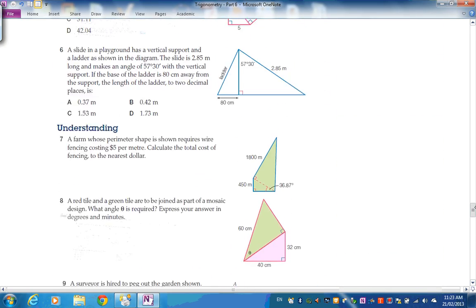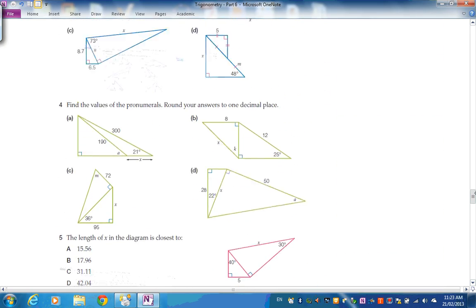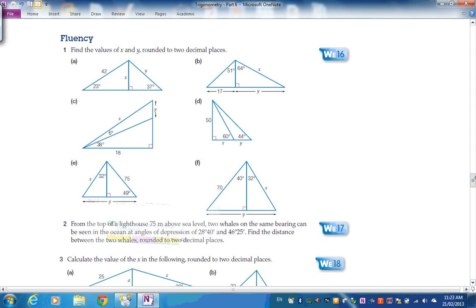So there are a lot of mixed problems here, all go-between problems, where remember you'll find something in one triangle first and then go across and use it in the second triangle. Alright, so try and see which one to use first and so on. I think important emphasis here is on getting an accurate diagram.